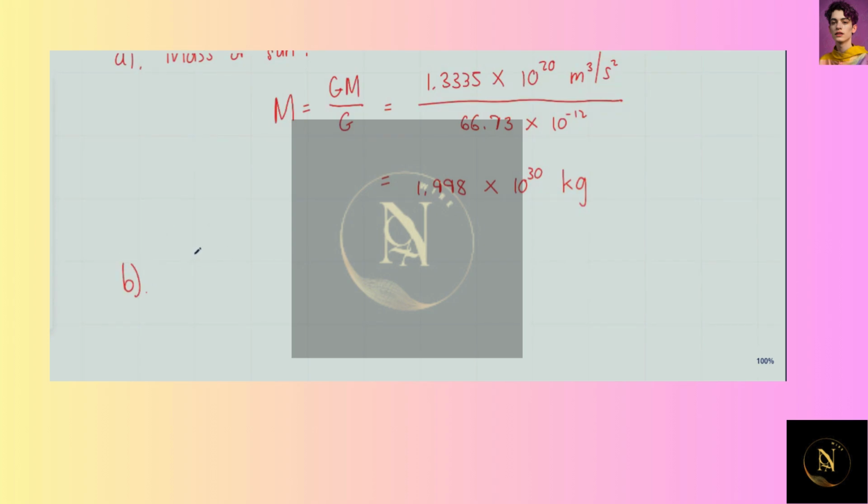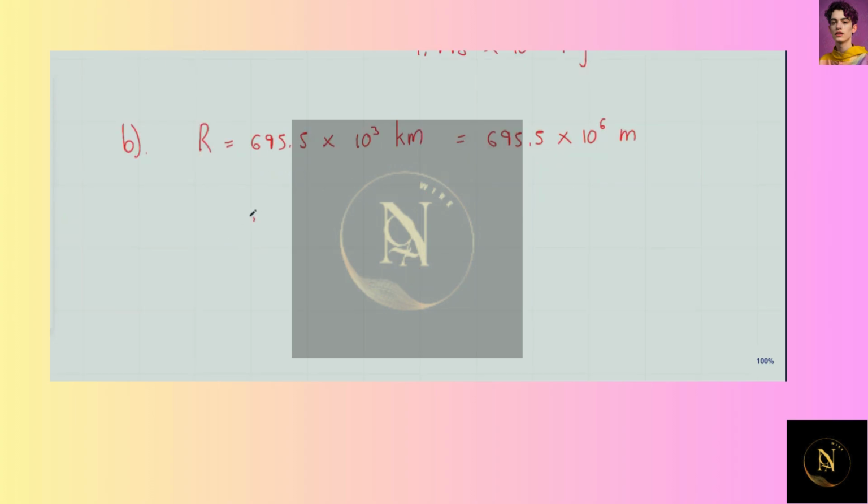For part B, at the surface of the Sun, we want to calculate the gravitational acceleration. So at the surface of the Sun, we have r, the radius of the Sun, is 695.5 times 10 to the 3 kilometers, which is 695.5 times 10 to the 6 meters.